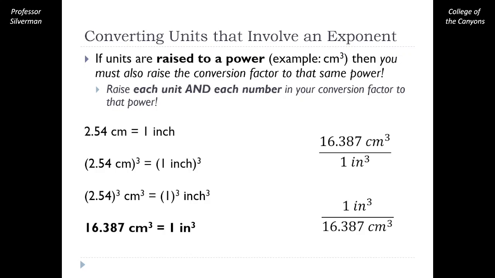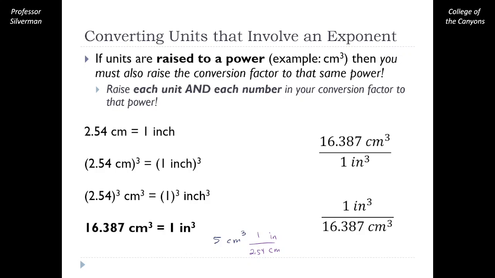For example, if we're trying to convert from cubic centimeters to cubic inches, say we have 5 cubic centimeters and we want to convert to cubic inches, we can't just use our regular conversion like we saw before. The reason for this is because mathematically, centimeters cubed and centimeters don't actually cancel each other out.